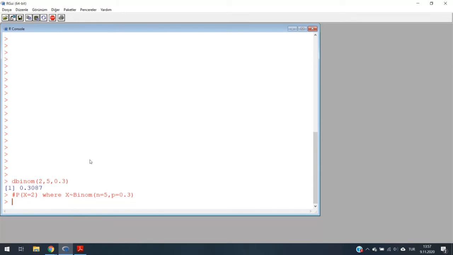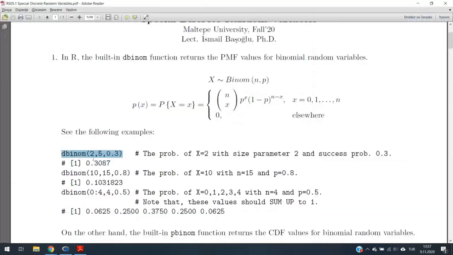Okay. Now, we can also use this function to calculate another probability mass function for another binomial random variable. So let's just say we have a binomial random variable with size parameter 15 and success probability 0.8. Let's just say the probability to score at a penalty shot is 0.8 independently at each trial, and we are taking 15 penalty shots. What is the probability of exactly 10 of these 15 penalty shots being a success?